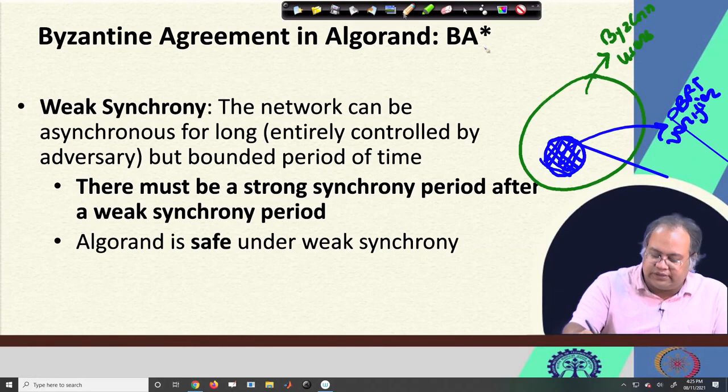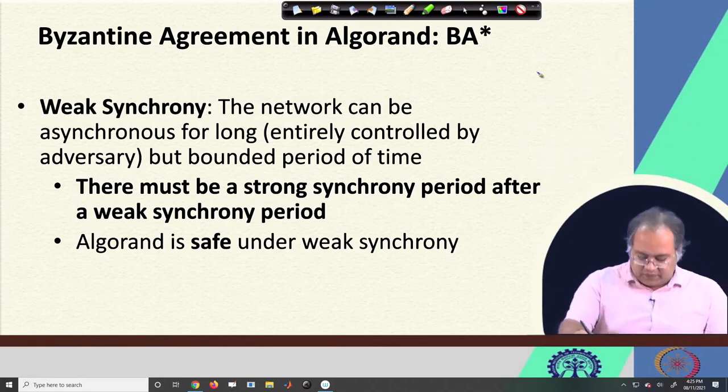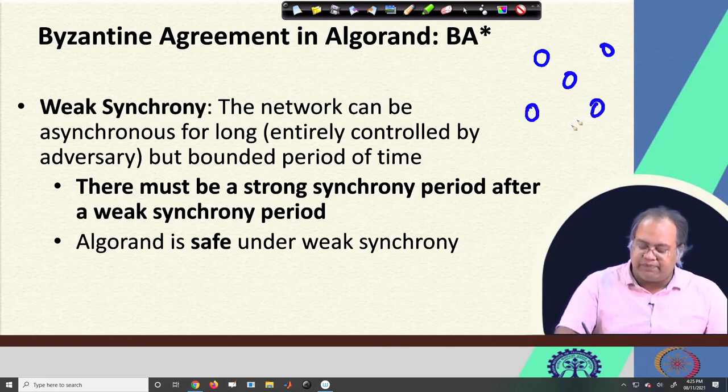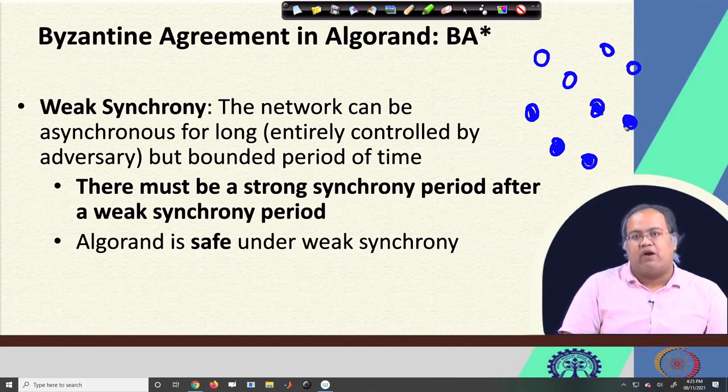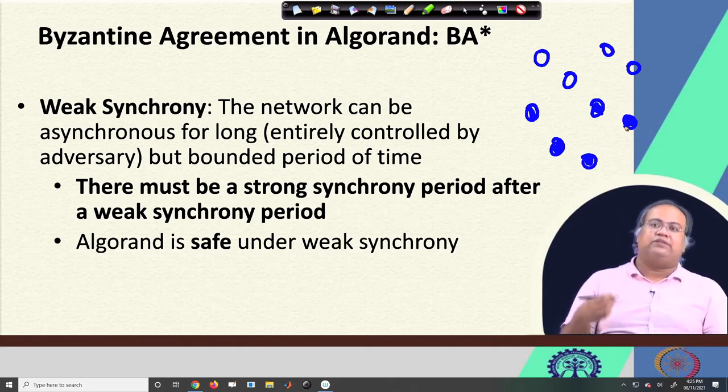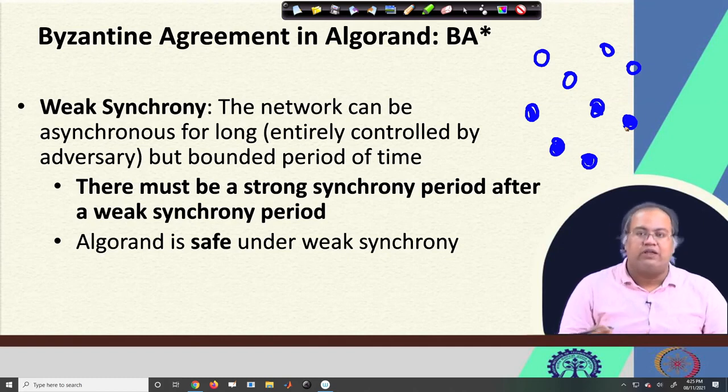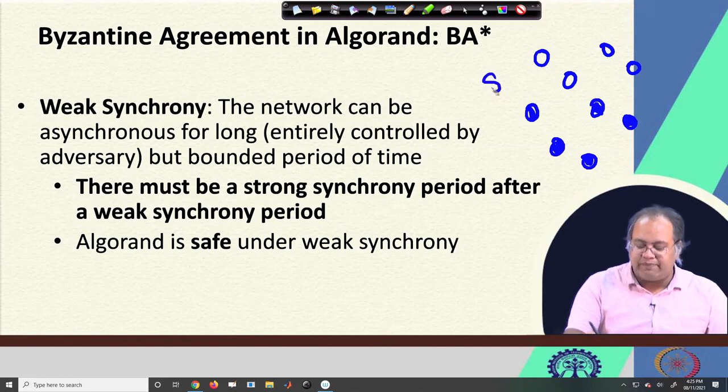Say this is a malicious user, and that malicious user has created multiple pseudonymous identities in the network, and luckily you have taken a few of those nodes as part of your committee. Because you are using a verifiable random function, it ultimately uses randomness, so with non-zero probability it might happen that you have selected 8 members as part of your committee, and out of those 8 members 5 have been selected from this colluded group.